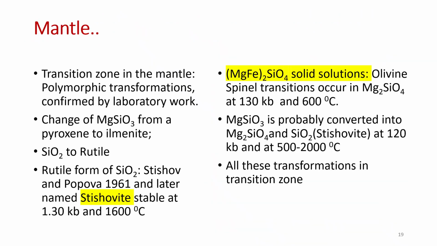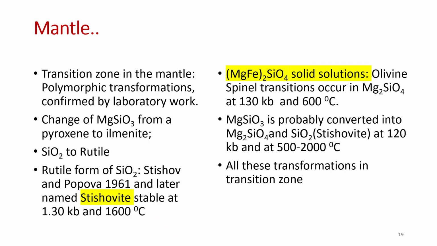Other polymorphic transformations that might be expected within the mantle are the change of MgSiO3 from a pyroxene to an ilmenite structure, and of silica, SiO2, to a rutile structure. The rutile form of silica has been converted into stishovite, as suggested by Stishov and Popova in 1961, and this stishovite is stable at 1.3 kb and 1600 degrees centigrade.